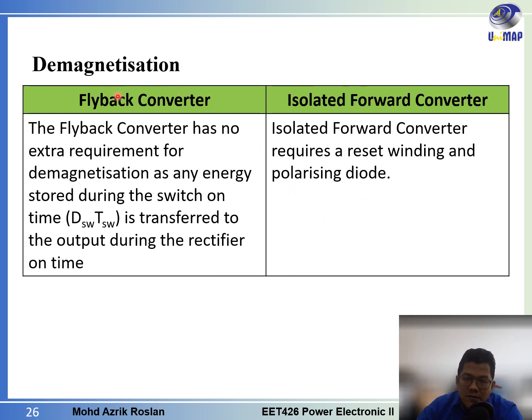But because the flyback converter stores energy during the switch on time, and the energy is transferred to the secondary during the switch off time or during the rectifier on time, there is no requirement for demagnetization, because the energy can be stored and then released during the switch off time.